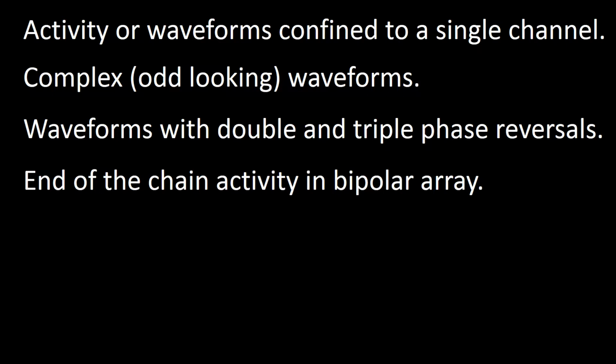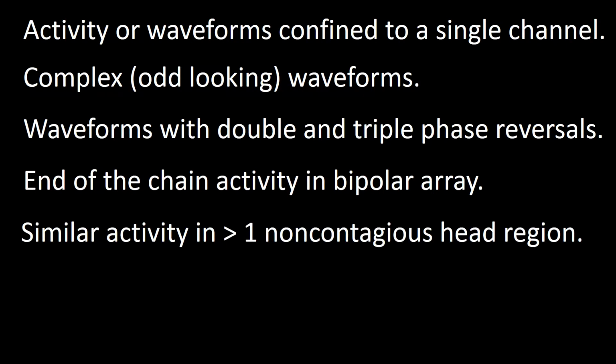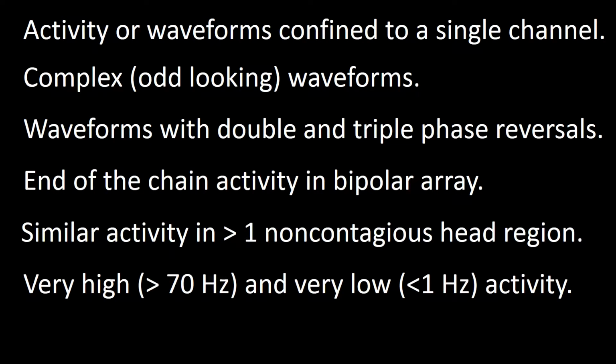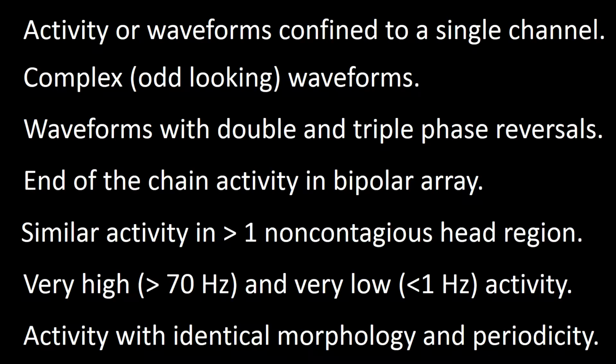end of the chain activity in bipolar montage, similar activity in more than one non-contiguous head region, very fast, that is more than 70 Hz, and very slow, that is less than 1 Hz activity, and activity with identical morphology and periodicity.